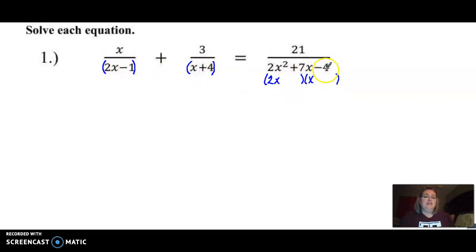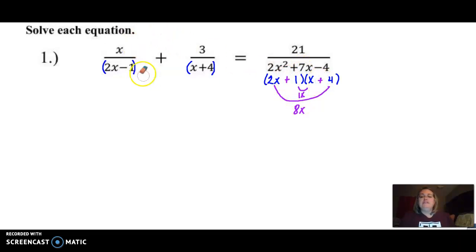Since I'm looking at a 4, and I have a 4 here and a 1 there, I'm hoping this is going to be 1 and this is going to be my 4. I can double check with my double chin method that we did previously. This gives me 8x, and this gives me 1x. 8 and 1 will give me 7 if they're both pluses.